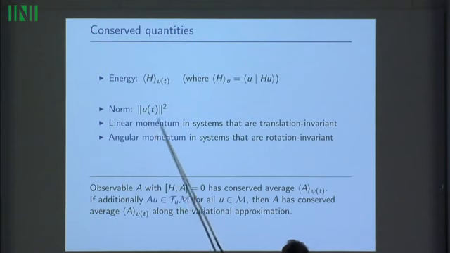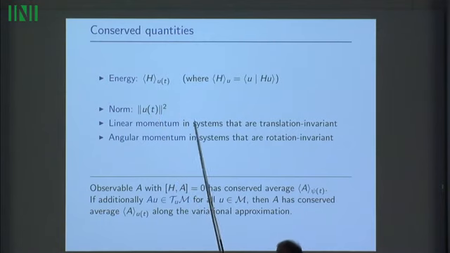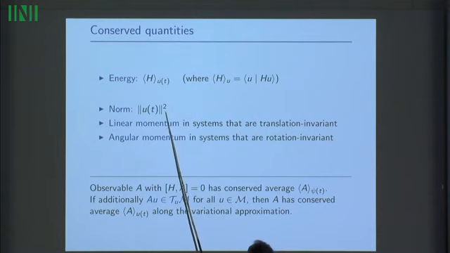The norm, well, we start from a Gaussian of norm 1, and we would like to keep norm 1. This has to do with the interpretation of |u(x,t)|² as the density of a probability distribution. So this should be 1, and it should be 1 for all times, and it is.